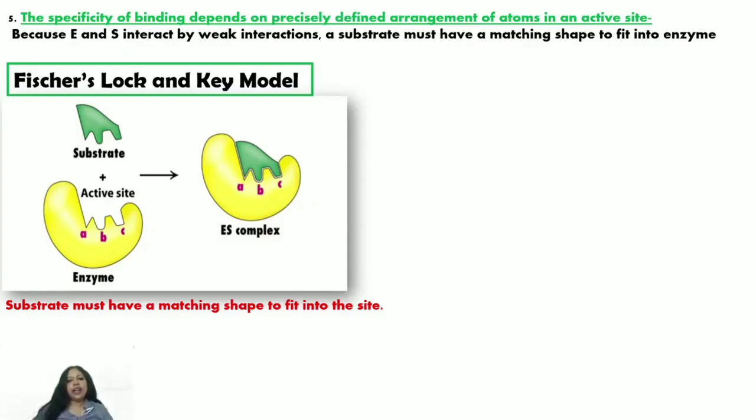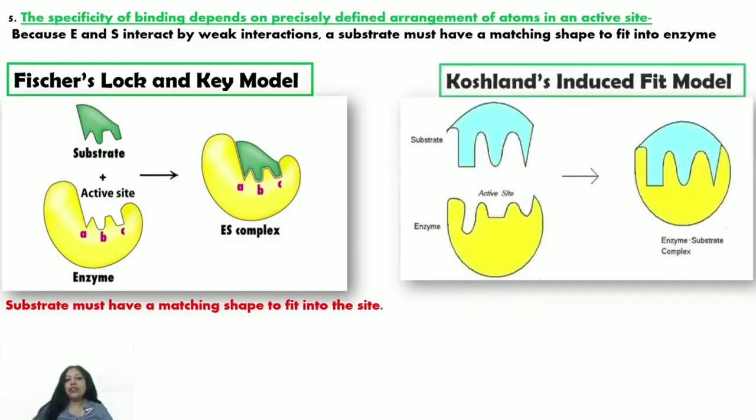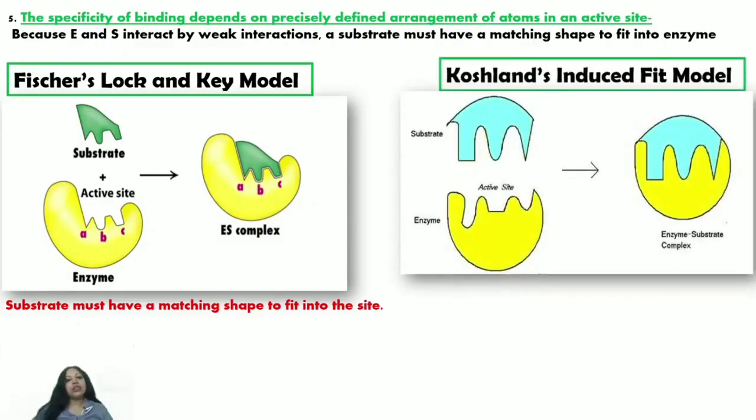But we know that enzymes are not rigid, but rather flexible in structure, because they have a three-dimensional structure. So another hypothesis comes to mind, given by the scientist Koshland.